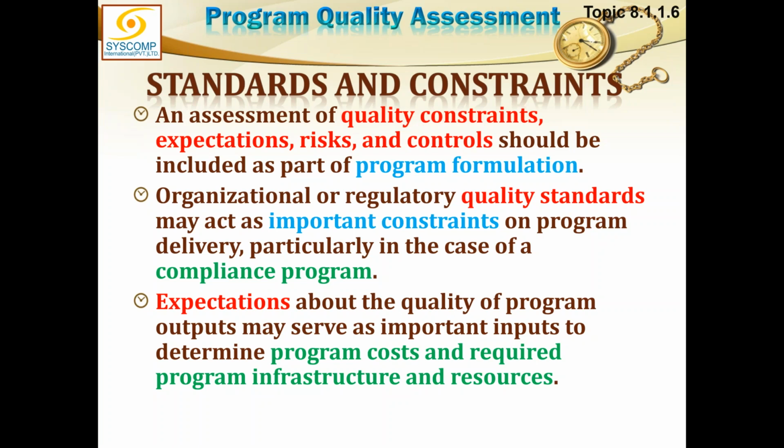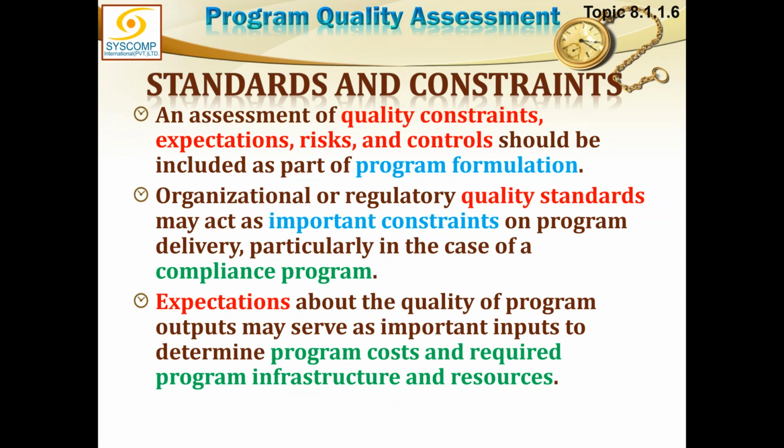For example, your organization is ISO certified. Then naturally, the quality policy is governed in accordance with the ISO, the quality plan prepared under ISO certification. And therefore, your program will have to be constrained according to that, remaining within the limits.